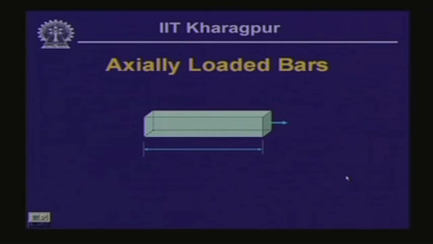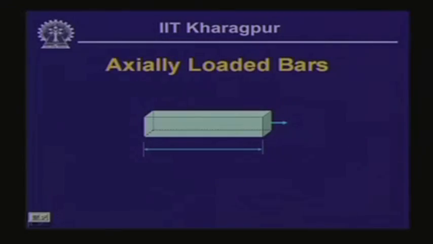Well, as we have seen earlier, in case of the stresses, when a bar is subjected to axial pull, we have computed the stress which we have defined as the normal stress, the stress which is normal to the cross section of the bar, and the load is acting perpendicular to the cross section through the axis of the bar.